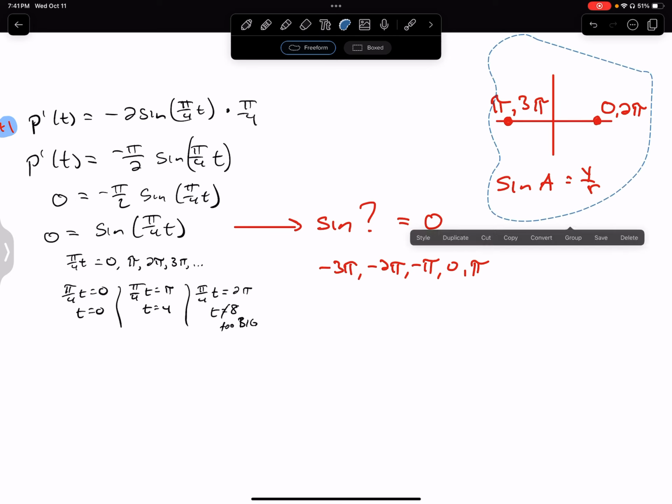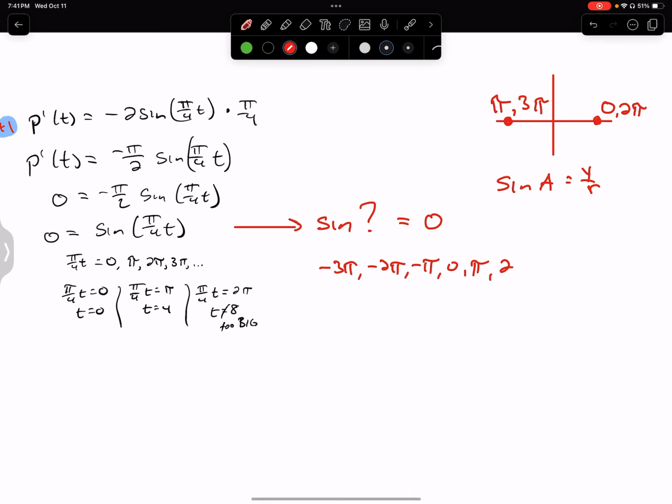I just want to make sure you understand. Well, first of all, what's our angle? Our angle isn't a question mark. It's pi over 4 times t. So each of these is equal to pi over 4 times t.